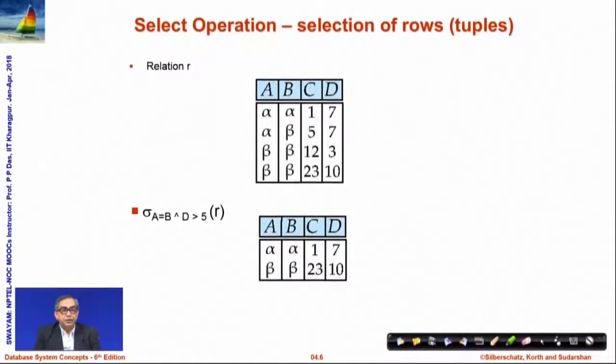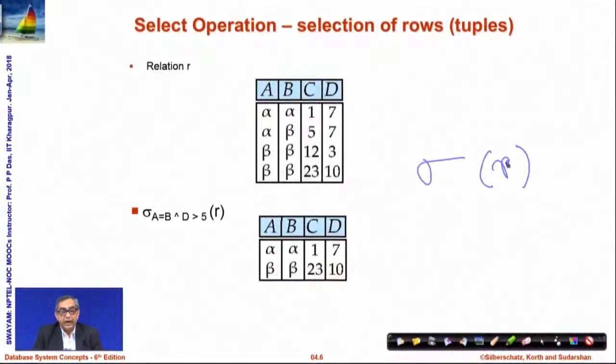It has a set of columns and a set of rows or records that fill up data according to those columns. Select is an operation which chooses a subset of rows from a relation based on a certain condition. In relational algebra we write it with the notation of sigma, and following it, in parentheses, we put the name of the relation.